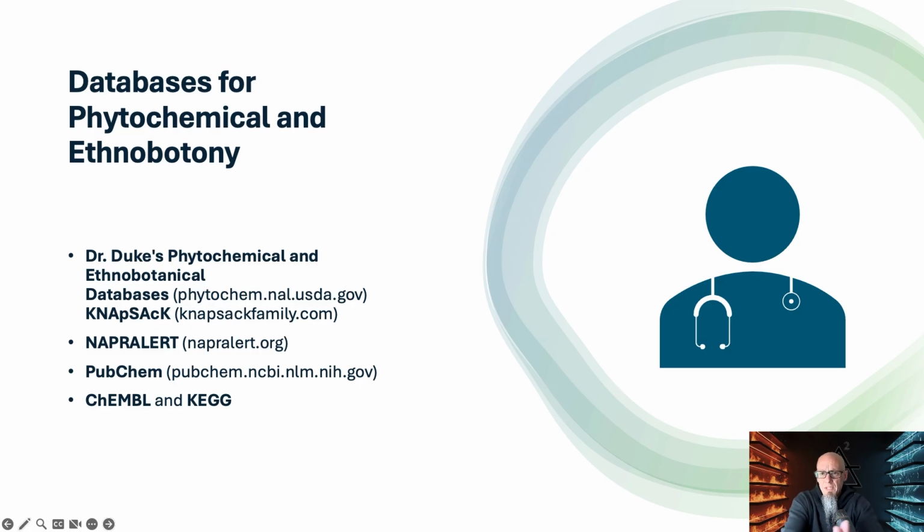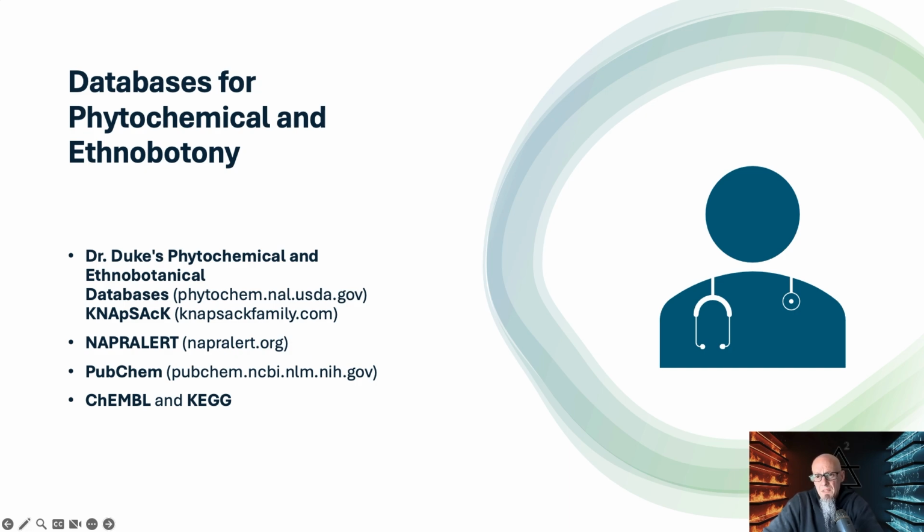KNApSAcK. This is a Japanese database linking plants to their metabolites. And then we have NAPRALERT, which is a natural product database from the University of Illinois, Chicago. It is subscription based, but it's very thorough. PubChem.